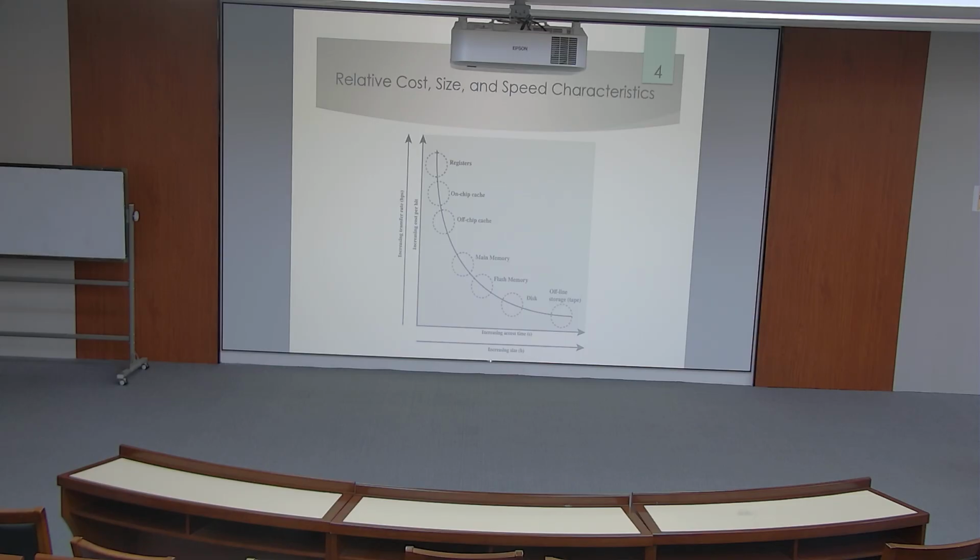We need enough memory to store enough data, but we also need it to be fast to retrieve data with less time, and we need it at an affordable price. So we need a memory which can balance these three factors: the speed, the size, as well as the cost.